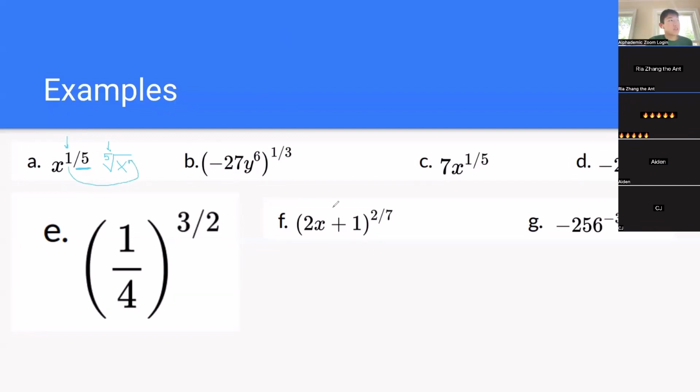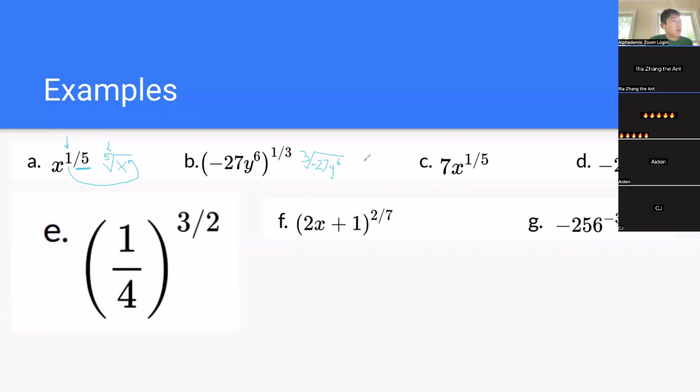And then I'll do the second one as well. This one would be the cube root of negative 27y to the 6. And then, of course, from here, you can simplify it even further.